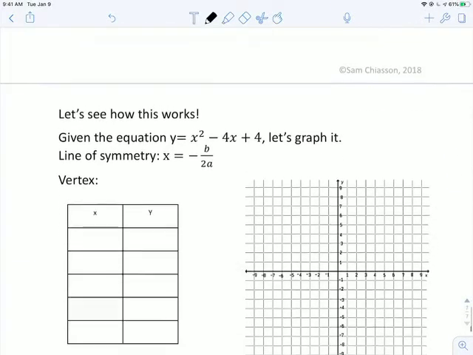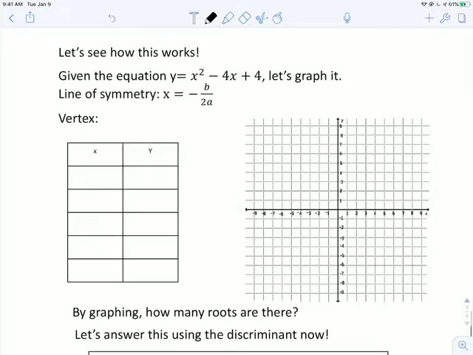All right, so let's see how this works. So they're giving us a quadratic equation, x squared minus 4x plus 4, and let's go ahead and graph it. So if you'll recall, you can use a formula where h is equal to negative b over 2a, or you can just use polysolve on your calculator and find your h and your k that way.